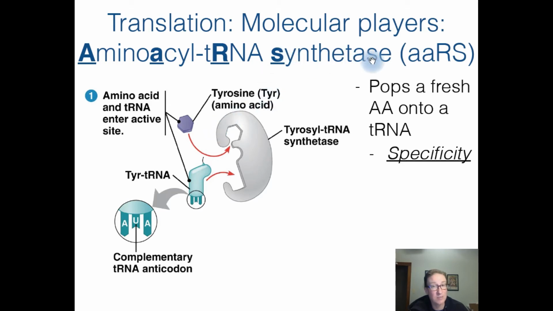So synthetase means to build, and aminoacyl tRNA refers to the process of attaching the amino acid and forming an acyl bond on the tRNA. So basically, these get abbreviated AARS, and these will attach a fresh amino acid onto a tRNA. And each AARS is specific to a specific amino acid. So there's kind of a lot going on behind the scenes here.